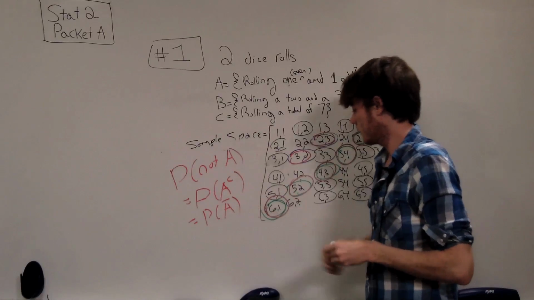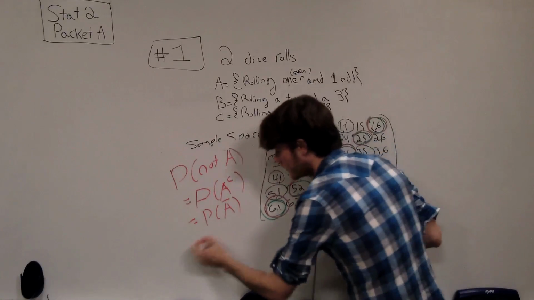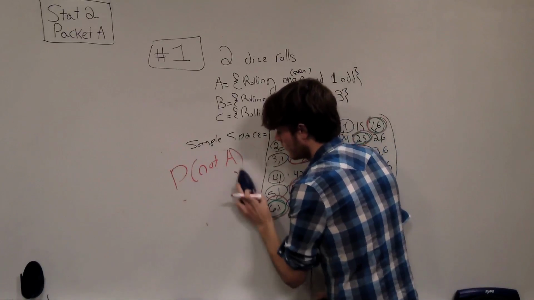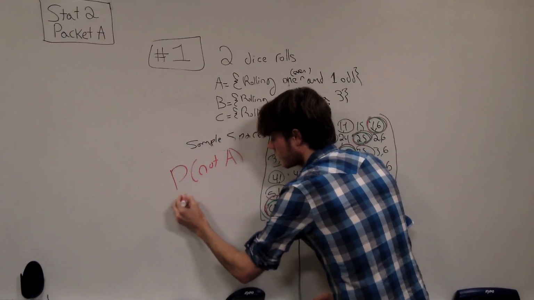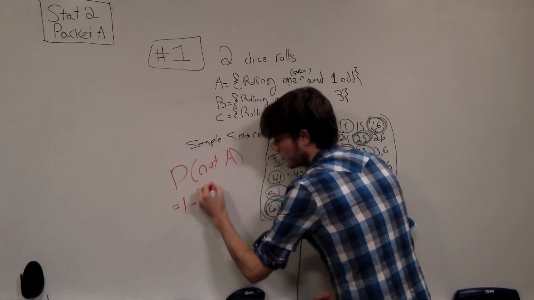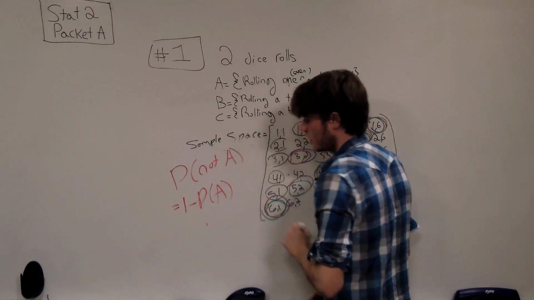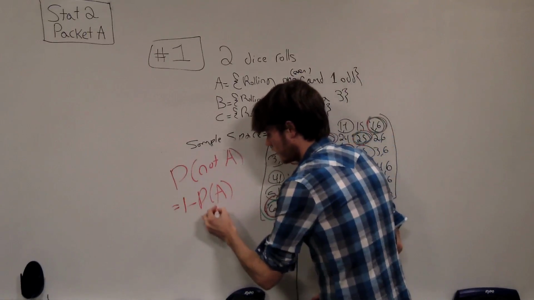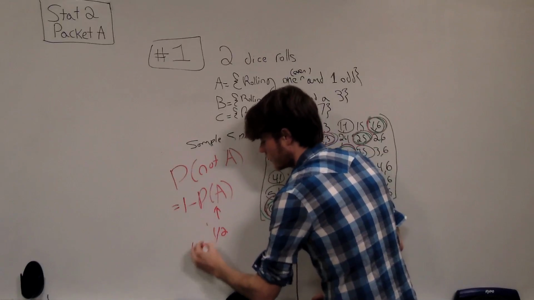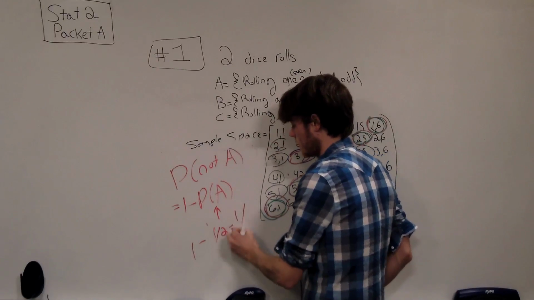And as you may or may not know, the probability of A complement equals 1 minus the probability of A. We've already found the probability of A equals 1/2. So it's 1 minus 1/2 equals 1/2.